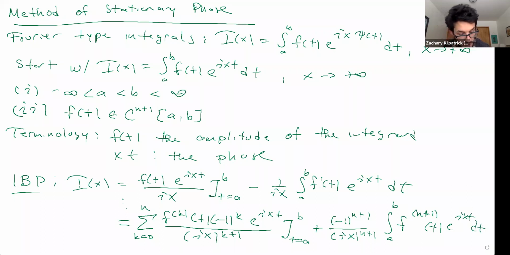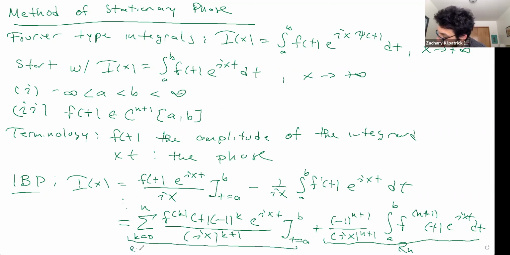Okay. And so we'll call this our remainder R_n, and these here are our endpoint contributions.